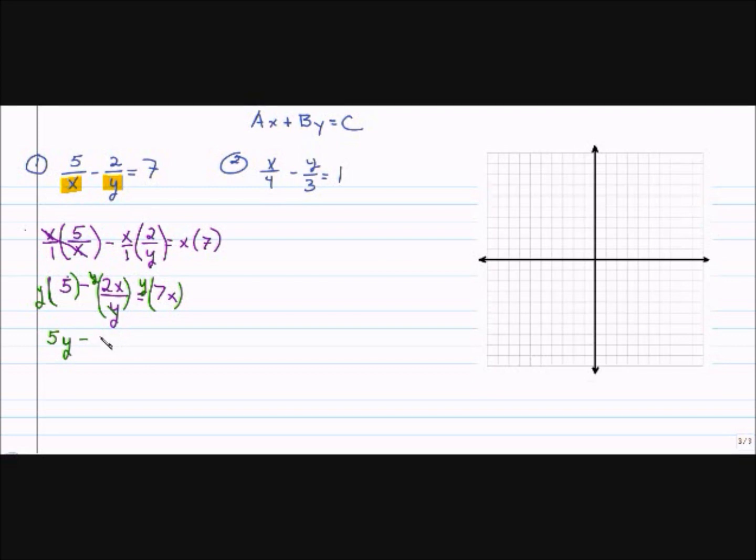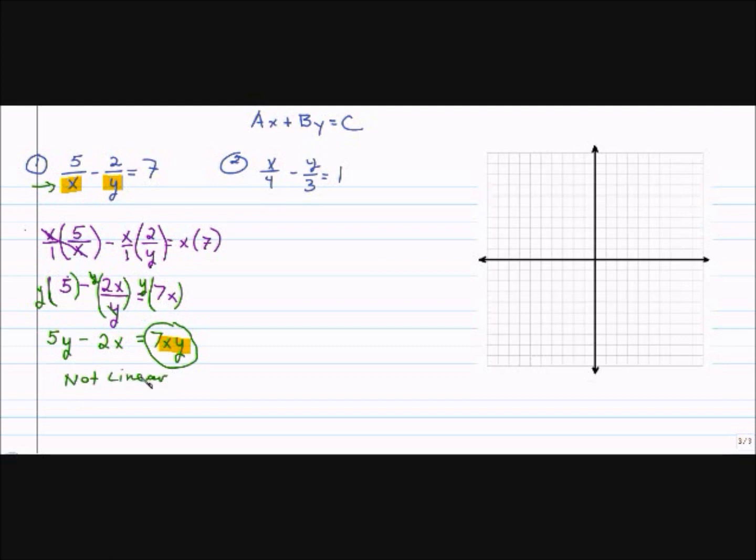It cancels out, so I have 2x. So far it's looking good. I have an x and a y equals 7, and 7x times y is 7xy. Notice in your standard form you do not have an x and a y put together. So therefore, anytime you have a variable in the denominator, it is not linear.